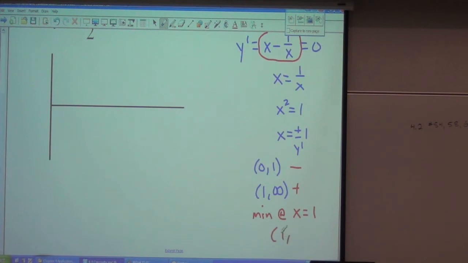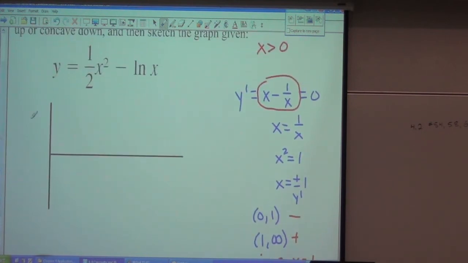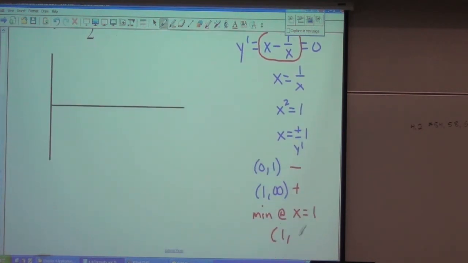So if I put 1 in for x back in the original function, I get 1/2 minus the natural log of 1, which is 0, so I just get 1/2. So at 1 and 1/2, there's a relative minimum right there.